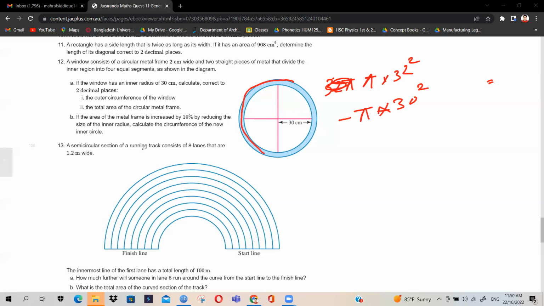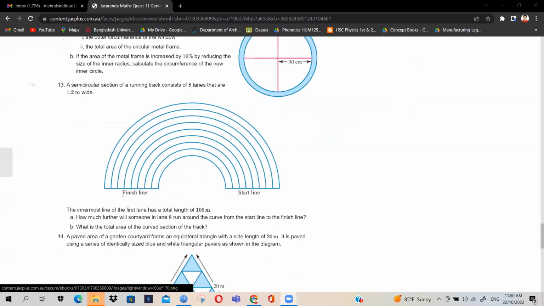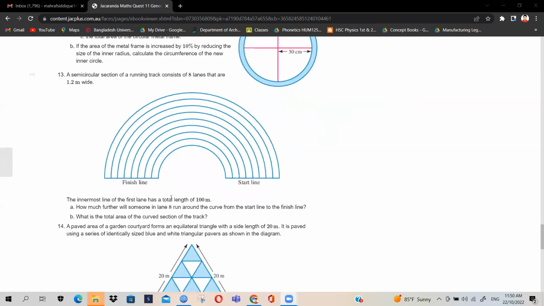A semicircular section of a running track consists of 8 lanes that are 1.2 meter wide. The innermost line of the first lane has a total length of 100 meter. Innermost line of the first lane. Okay, fine. 100 meter.